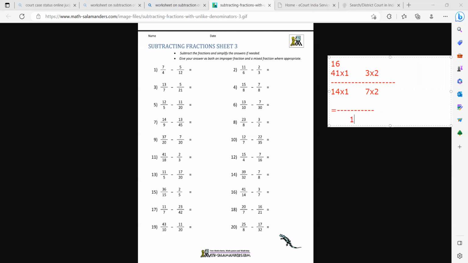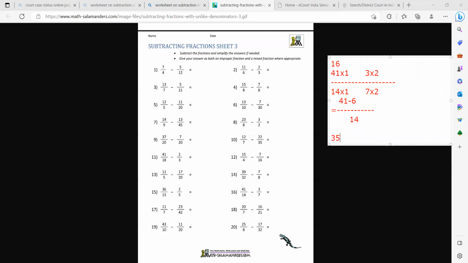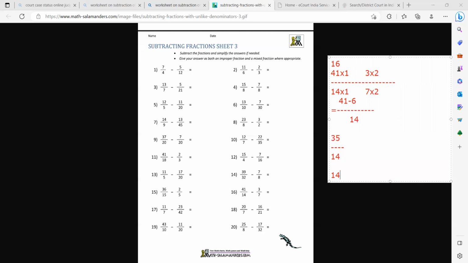We will keep the denominator as 14 and the numerator will be 41 minus 6. That is equal to 35 by 14. So if we divide both 14 and 35, what is the answer coming?